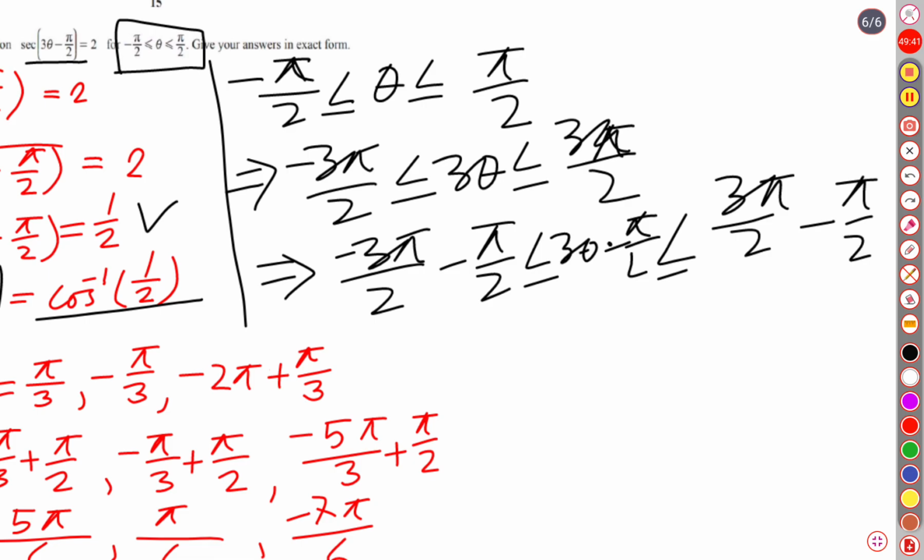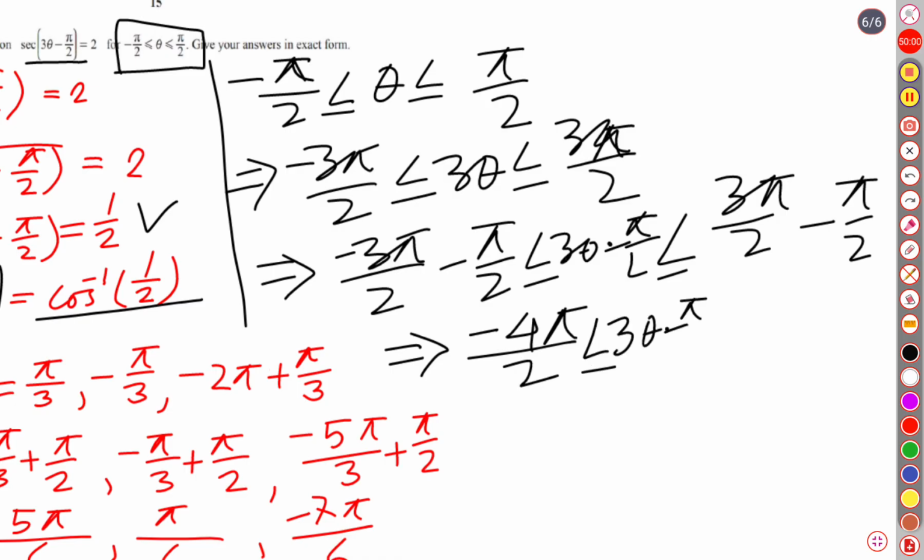Let's simplify this. It is going to be negative 3 negative 1, so negative 4π over 2, then 3θ minus π over 2, and positive 3 negative 1 means positive 2, so 2π over 2.